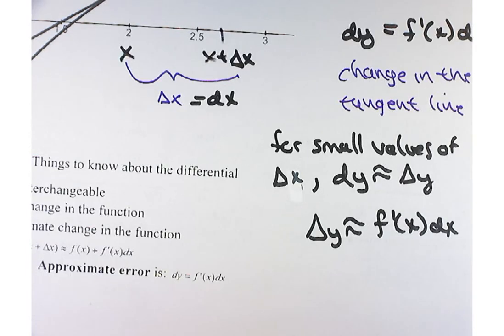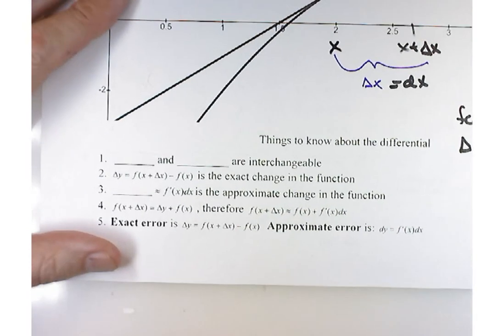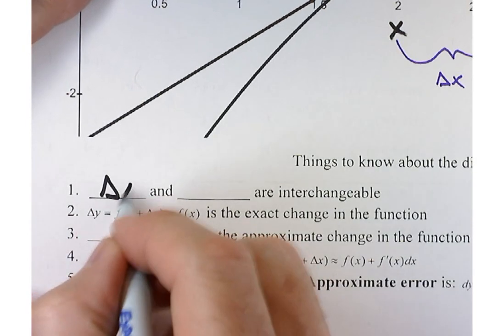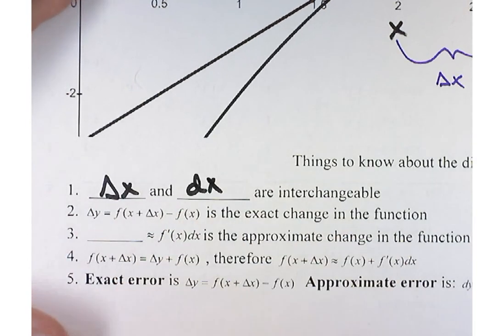That's actually one of the conclusions that I want for you here. There's several conclusions, so let's start filling in some of these conclusions. The first one is that delta x and dx are interchangeable. They mean exactly the same thing.